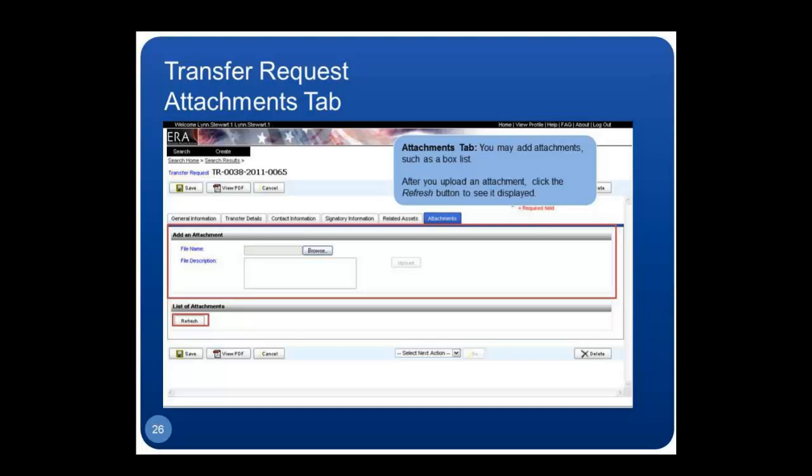The final tab, attachments. You may use this attachments tab for additional documentation. As I mentioned earlier, you don't have to put a copy of the SORN, the Privacy Act notice itself. If you really want to, nobody's going to prevent you from doing it, but it's not required.